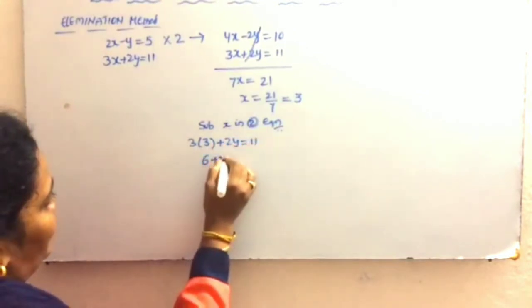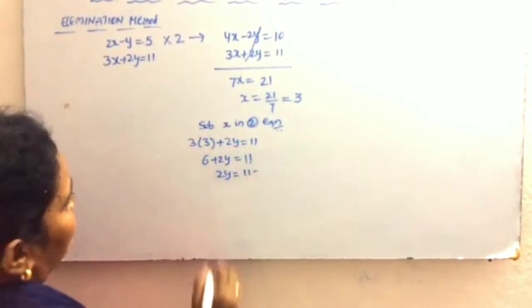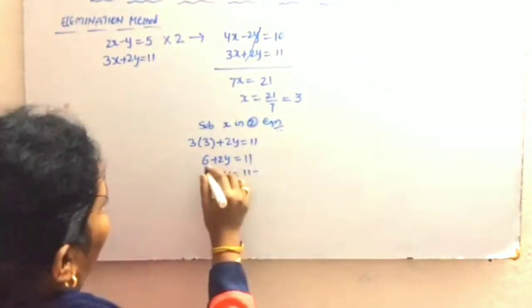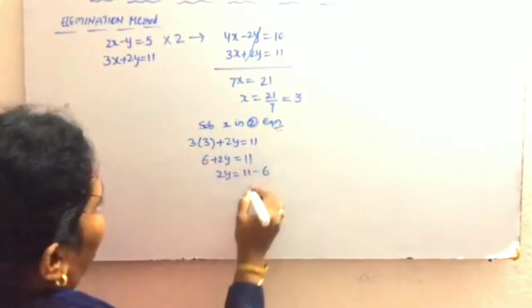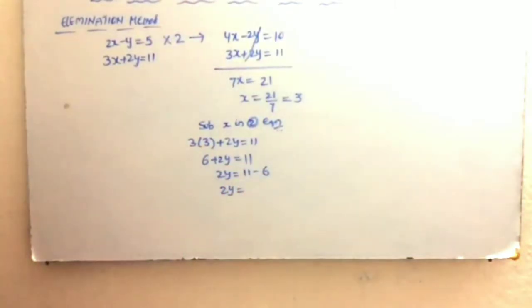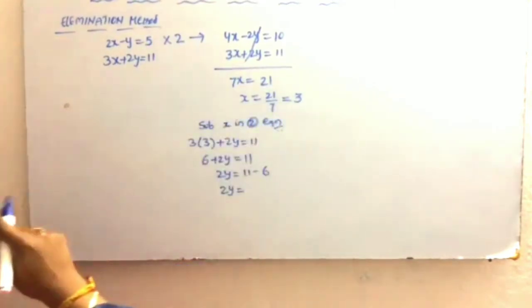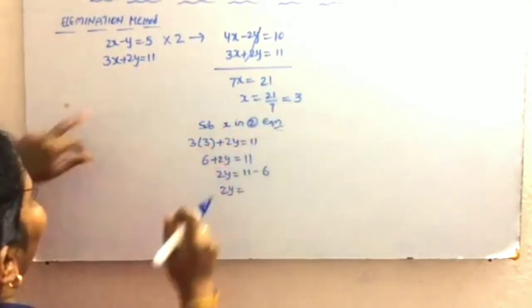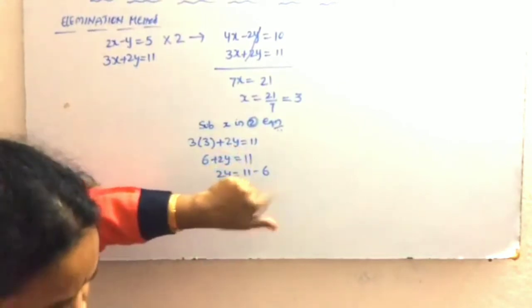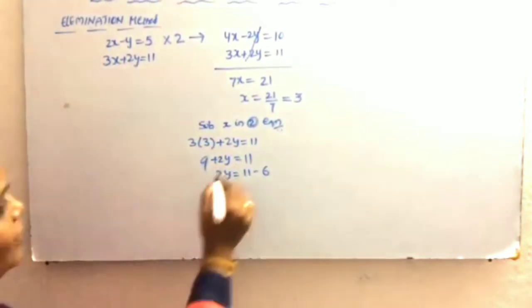That means 3 threes are 9. 9 plus 2y equal to 11.